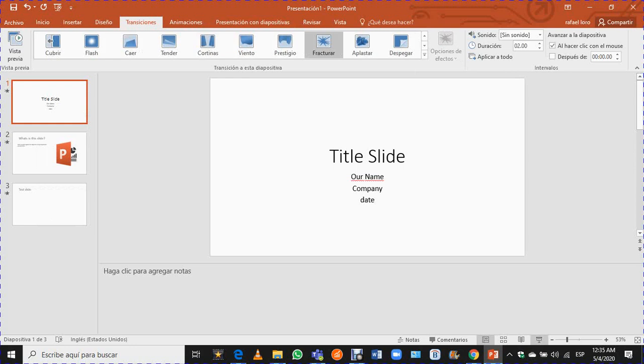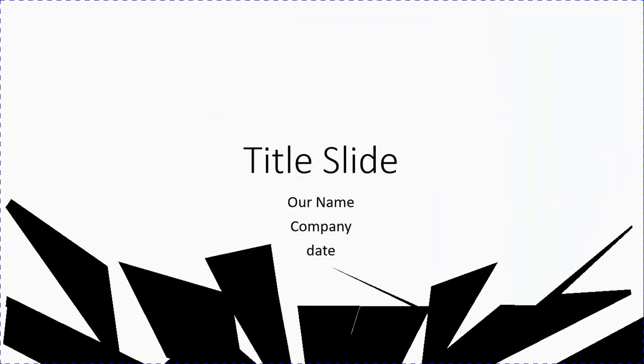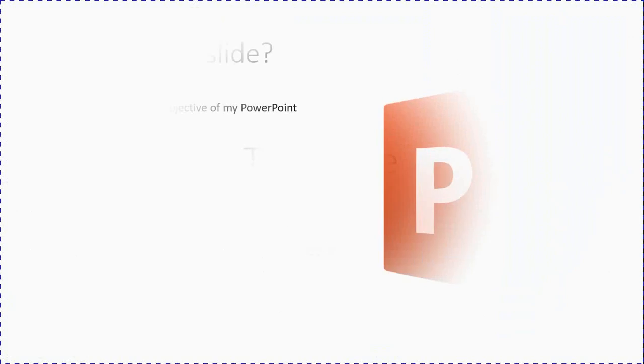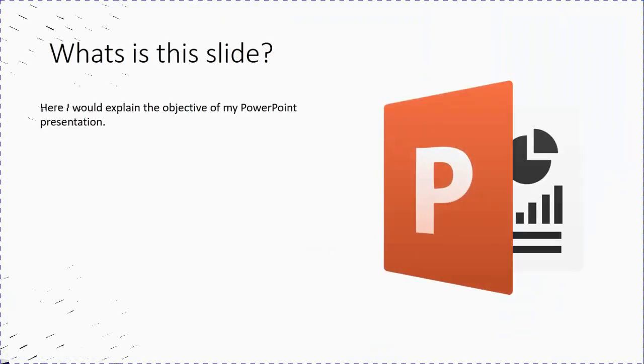Now, to see that, I can go to here. You see, in the lower part, I can choose to see my presentation. I click to see the next slide, and I click to see the next slide. To exit the presentation, I press the key on the keyboard called Escape.